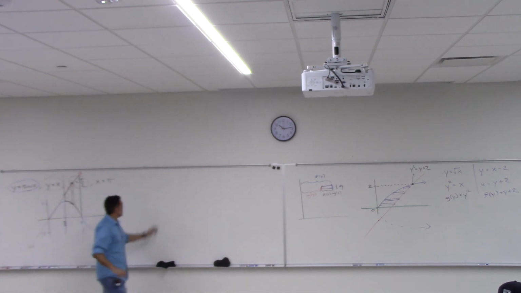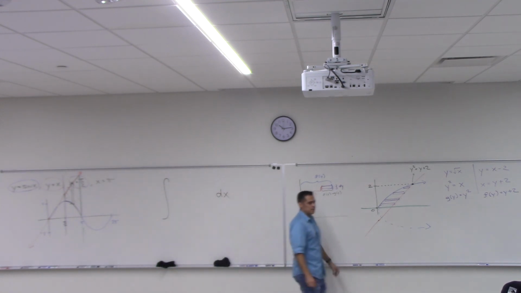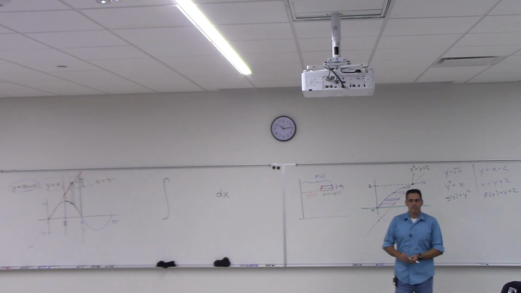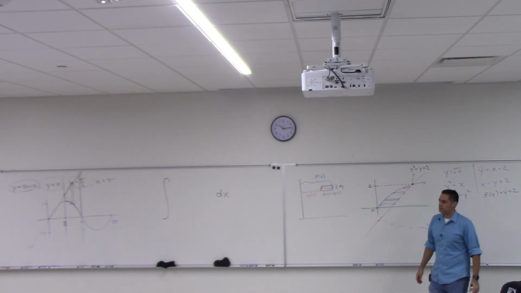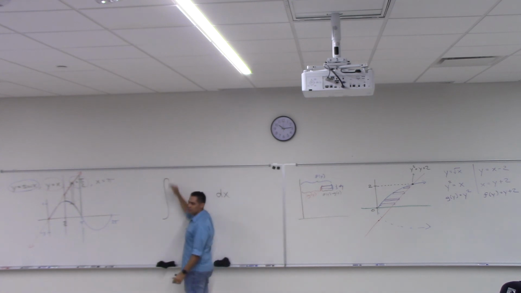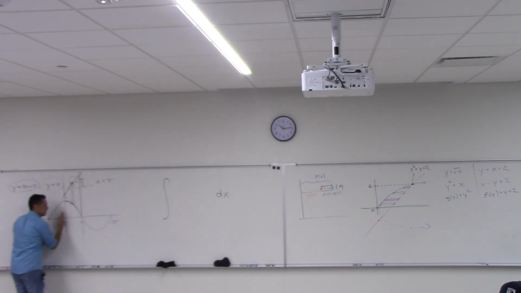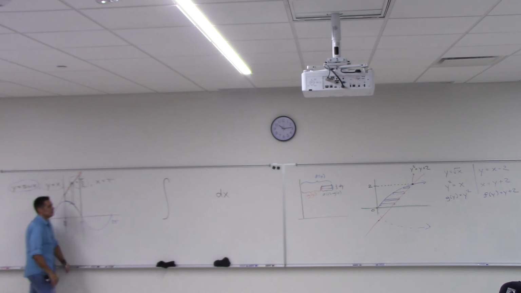Since I know I'm doing vertical rectangles, I know my integral is going to be with respect to x, right? dx. Automatic. Do you know your limits of integration, where you start and stop? Well, that's kind of given to us, right? From here to here. We don't need to find intersections at all. So we start at pi over 2, we end at pi.